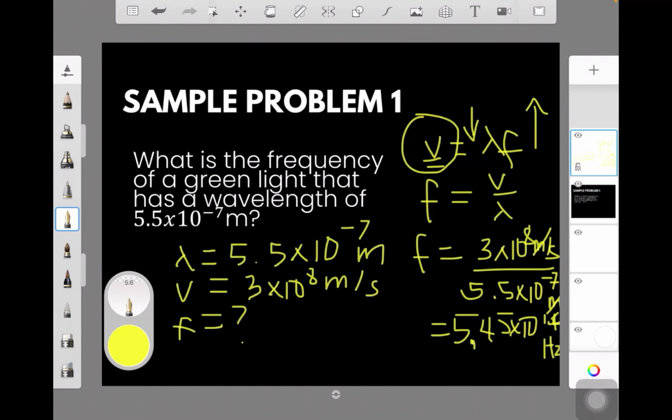Okay, so if you want to rewrite it, let's use the engineering notation. So from 5.45 times 10 raised to 14, the closest we can use is the tera, which is equivalent to 10 raised to 12. So this will be equal to 545 terahertz. And this is now the frequency of our green light in vacuum.